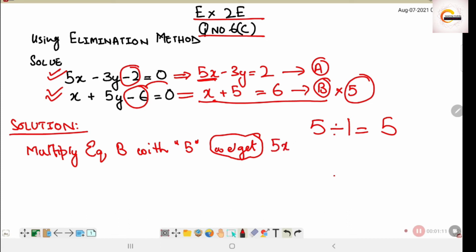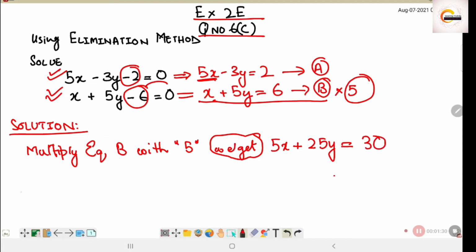We get 5x plus 25y is equal to 6 multiplied by 5 is 30.